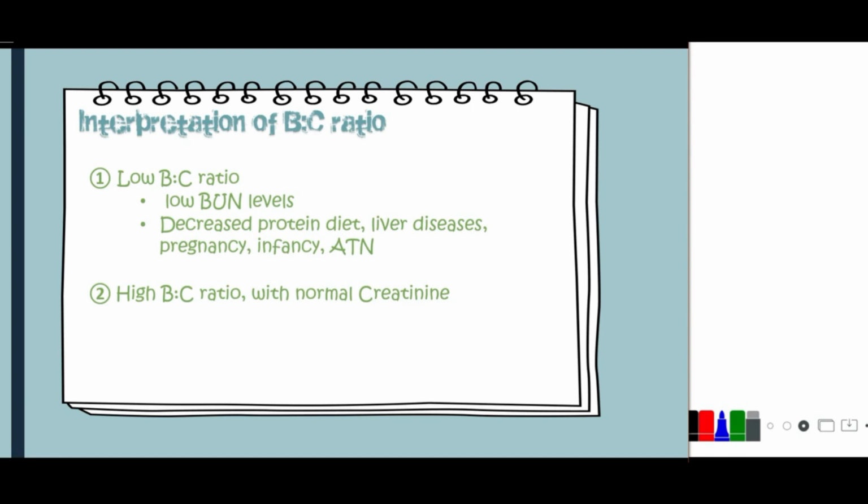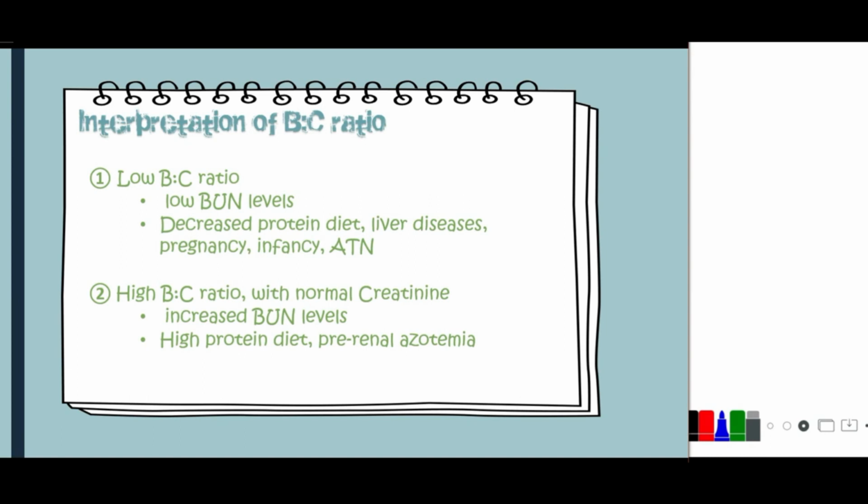So this means to say na wala problem or wala pang problem with the kidneys, which is why a high BC ratio with normal creatinine is most likely because of pre-renal azotemia. Okay? And ano nga yung causes ng pre-renal azotemia natin? It could be either because of low blood supply to the kidneys, high protein diet, or increased protein catabolism.